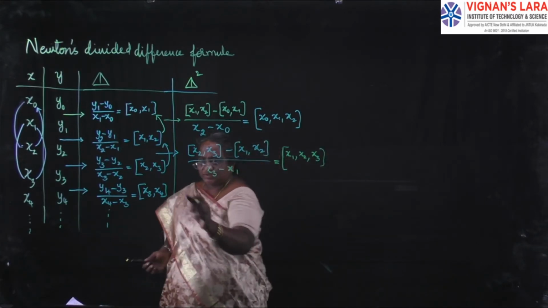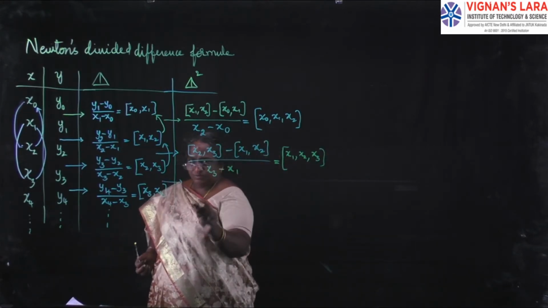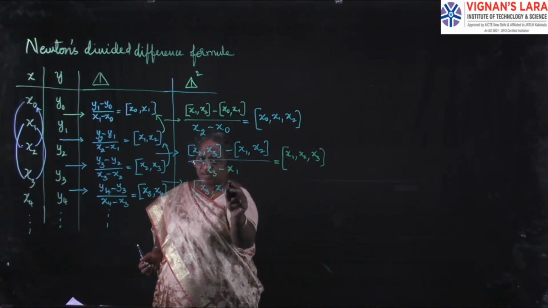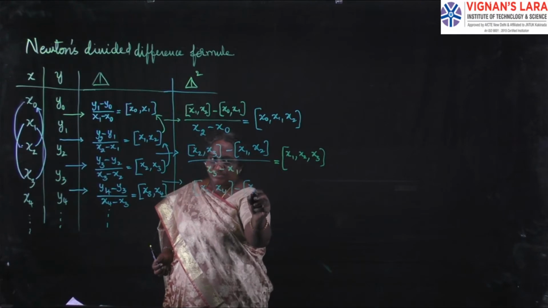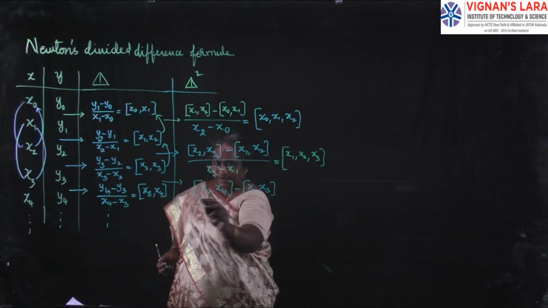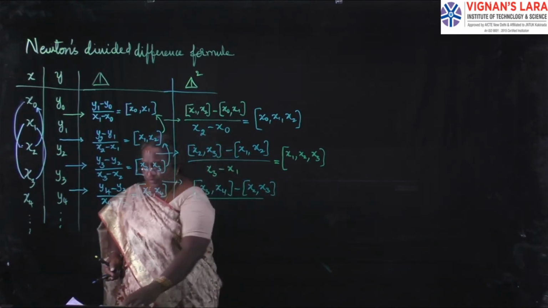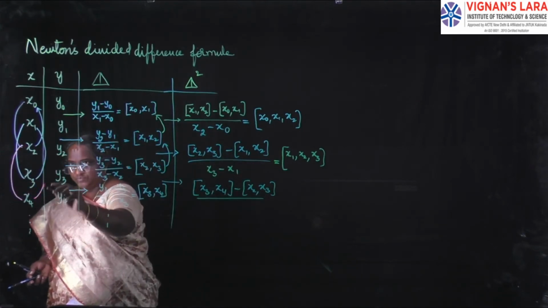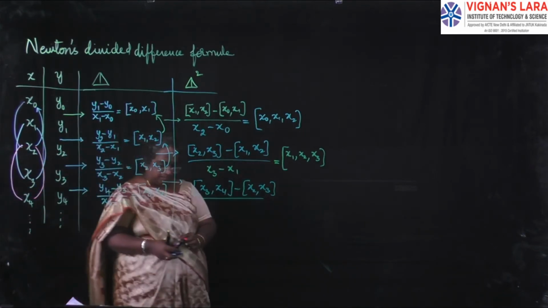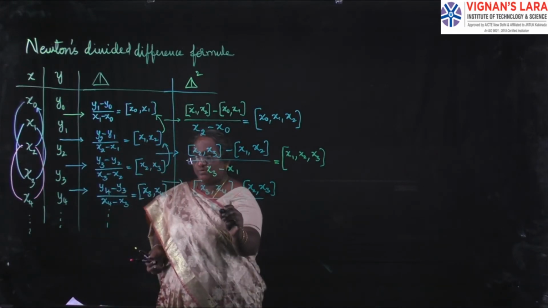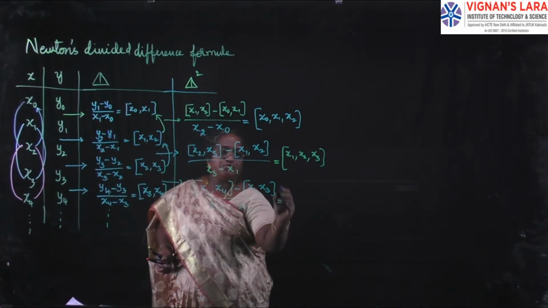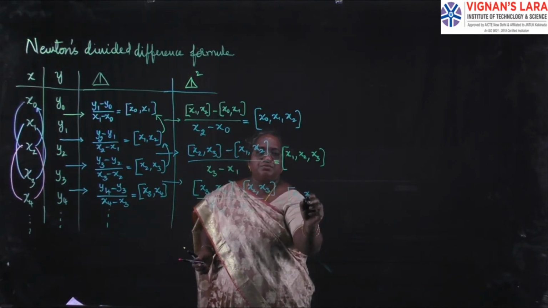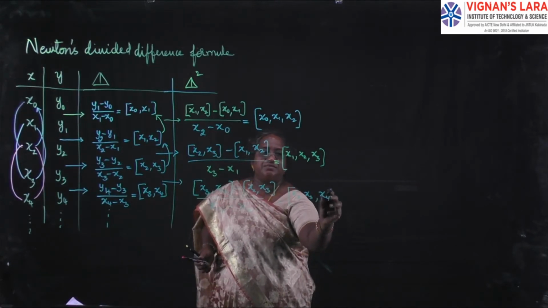Similarly, the next one is the first divided difference of x3, x4 minus that of x2, x3, by, this time starting from x2, take three, meaning x4 minus x2. So this is the second divided difference of x2, x3, x4.